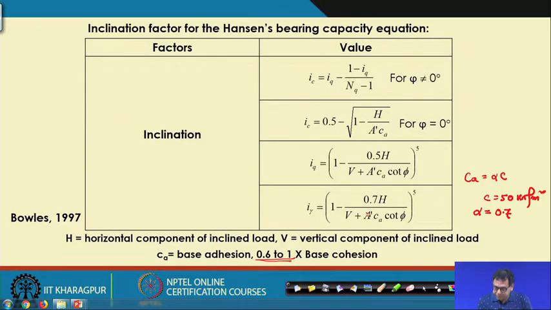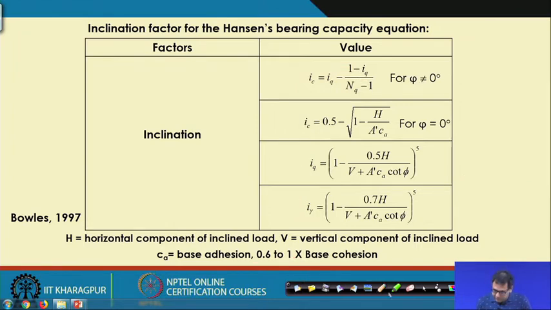Now here, this is not equal to phi. So, I will use this Sc, and this one and this one, these three, because these two are for any phi, this is for phi equal to 0, and this one is for phi not equal to 0.